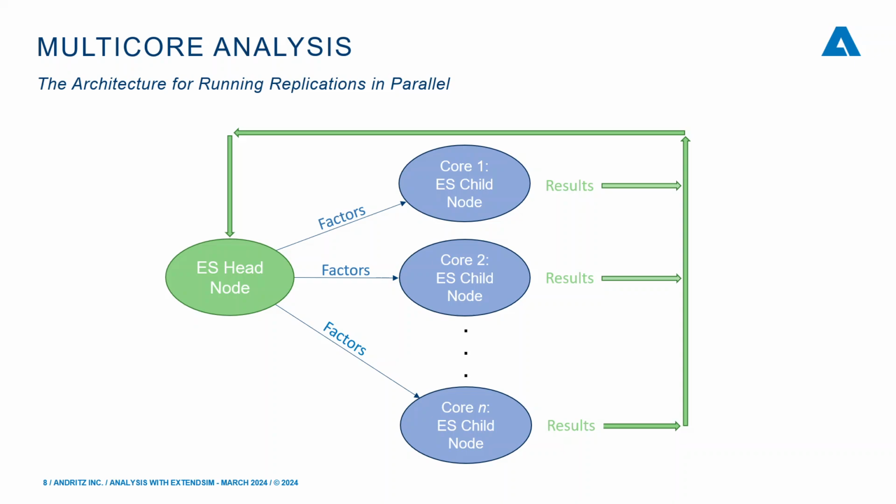These copies are then opened in the child nodes. The head node then tells the children to run replications. When a particular run has completed in a child node, the head node will bring the child's results back and store them in the analysis database. Once the children have completed the experiment, the head node can optionally shut down the child nodes.